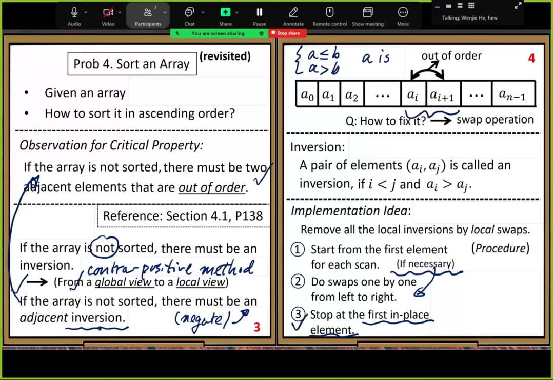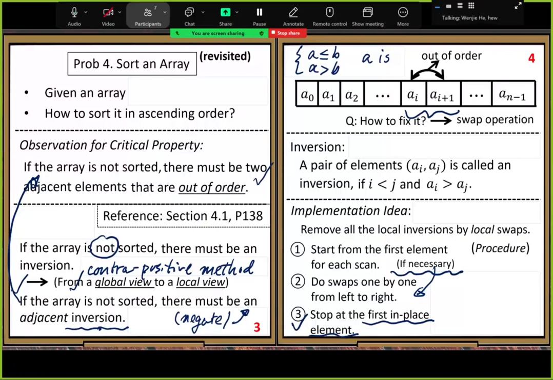Can you see any special property? After you do one scan from left to right on adjacent pairs from the beginning, which element do you put in place?